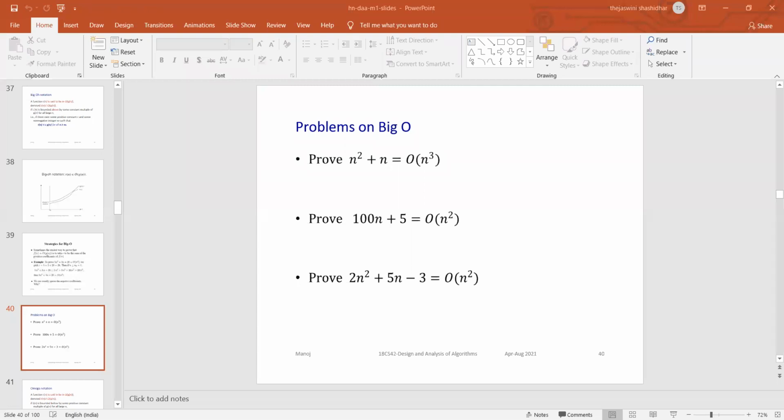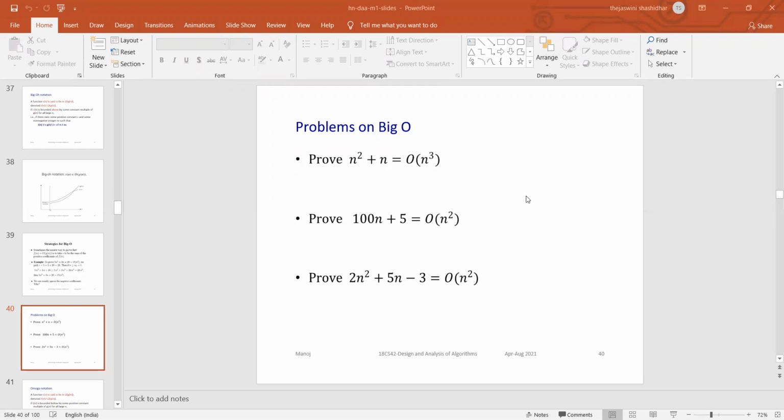Can you show how you are getting n square plus n is equal to big O of n cube? Take the same thing: n square plus n less than or equal to n cube.